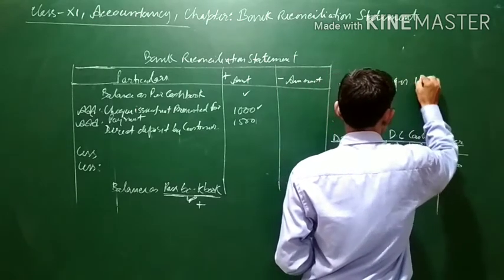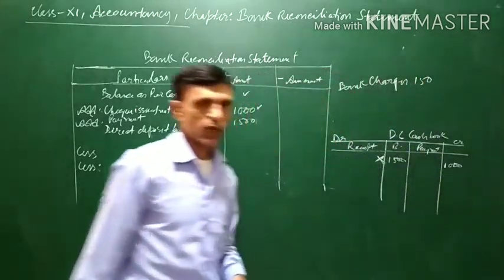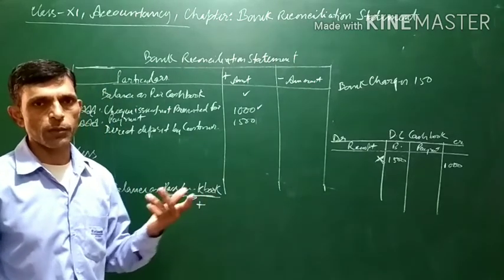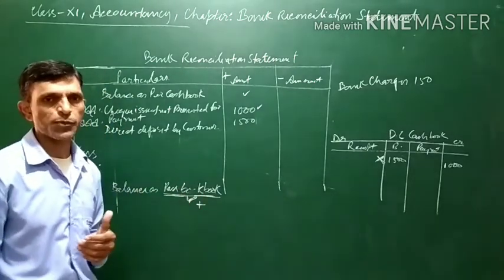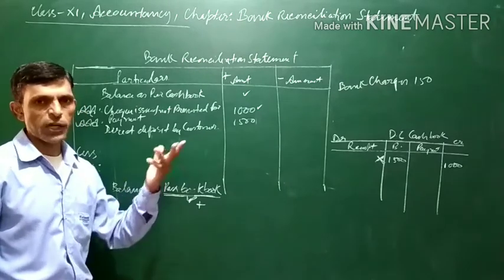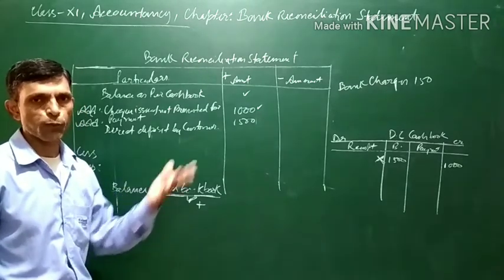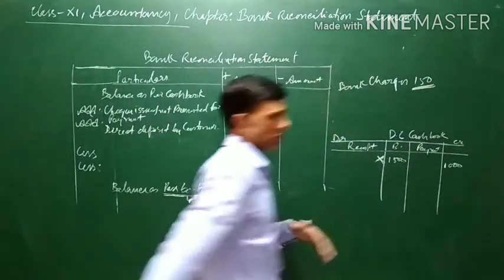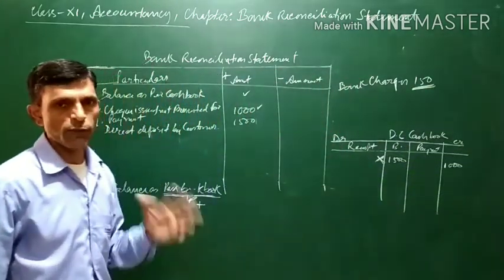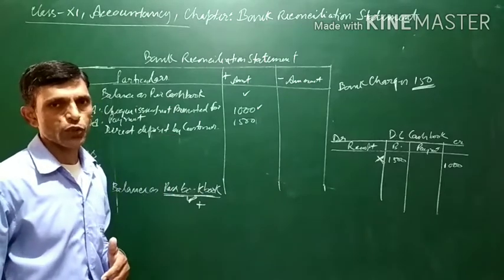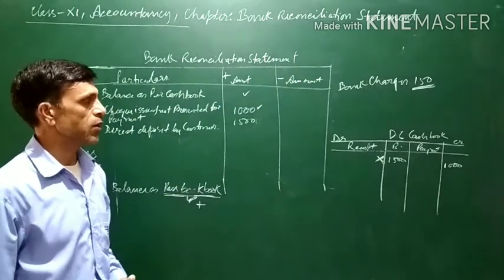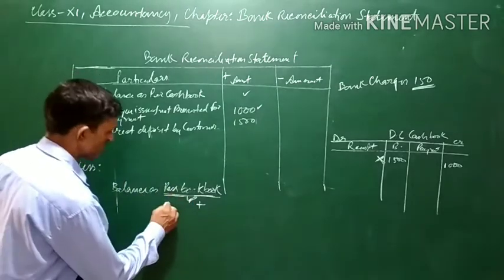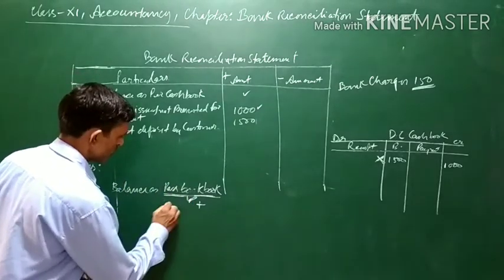Bank charges 150, assuming. Since the bank is providing various benefits to us, such as the current account facility, the bank charges for the facilities which it provides to us. In this case, the bank regularly deducts some fixed amount from our account. Suppose the bank has charged 150, means there will be a deduction from our passbook of 150.